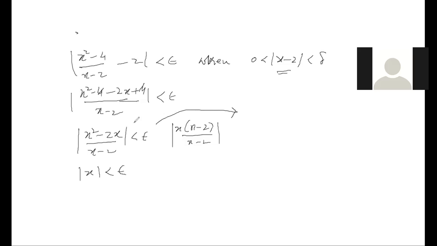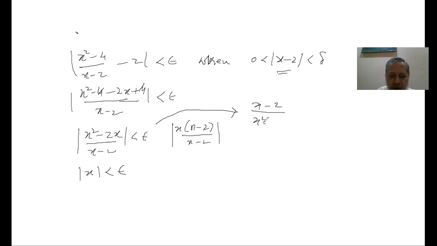If I take it from here and write it as x minus 2 upon x squared minus 2x, which will be less than 1 upon epsilon. And x minus 2 is less than 1 upon epsilon into x squared minus 2x.